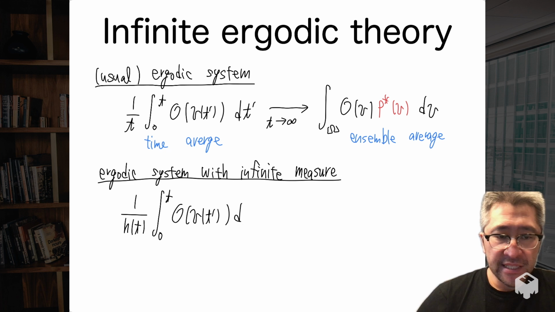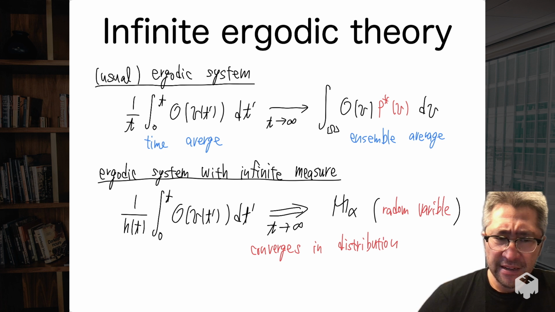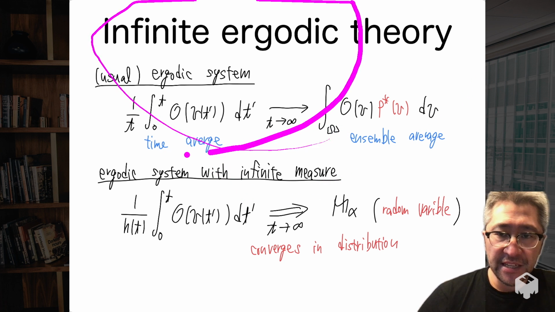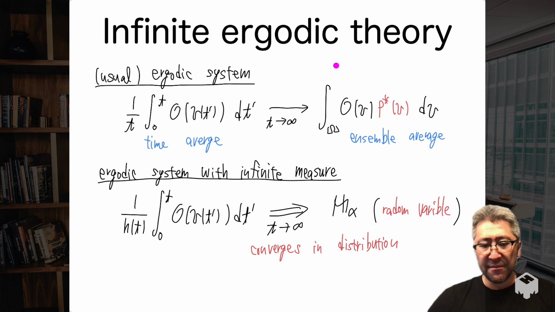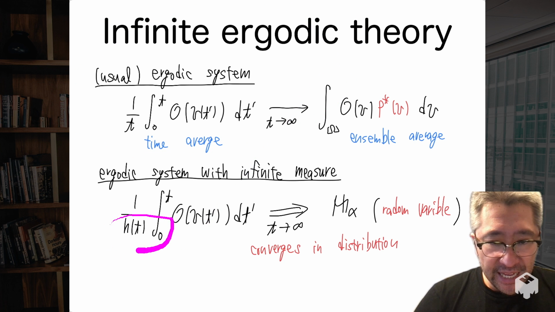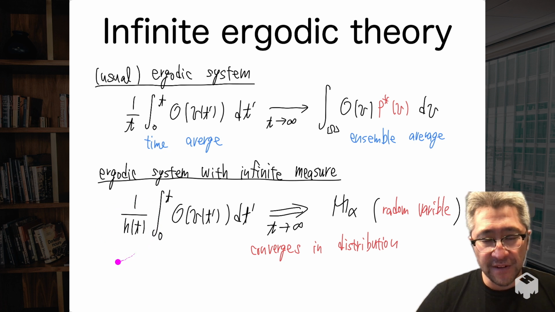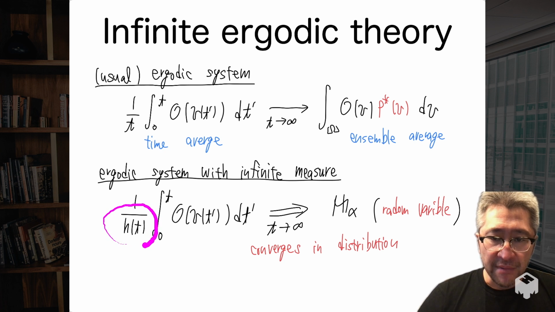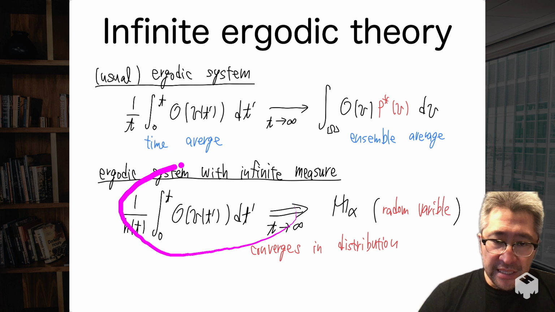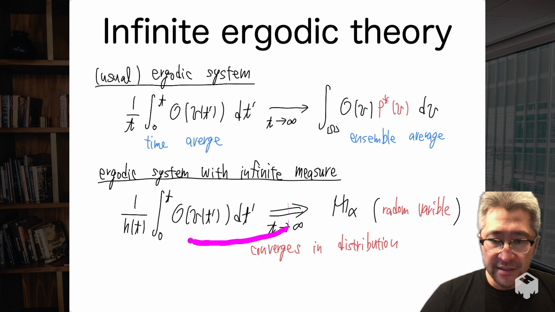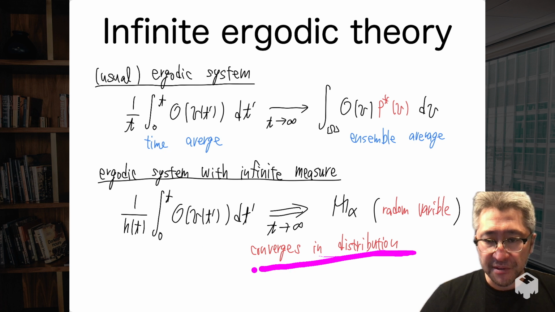On the other hand, in this ergodic system but with an invariant density that is not normalized, so infinite measure, the time average, with this h(t), is not constant, not t. This is some function. Usually this is a power law, t to the alpha. So this normalized time average in the long time limit converges in distribution.